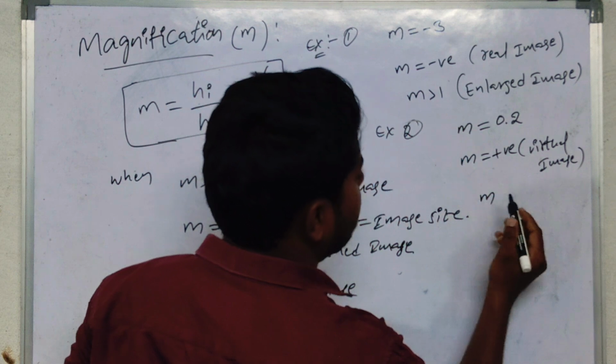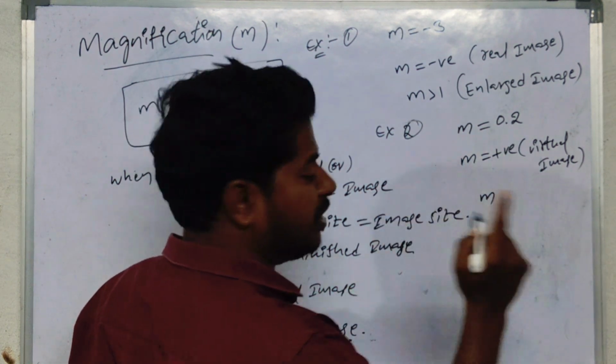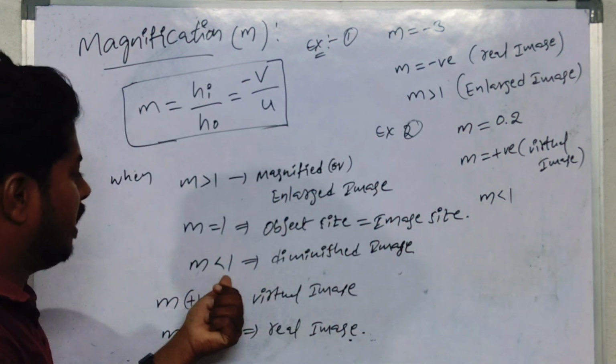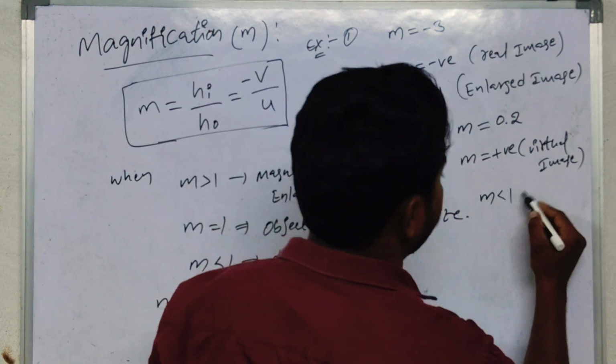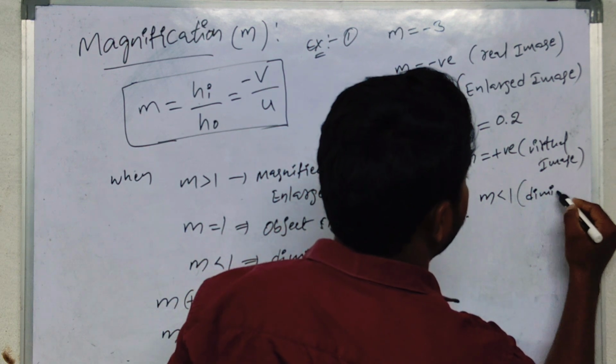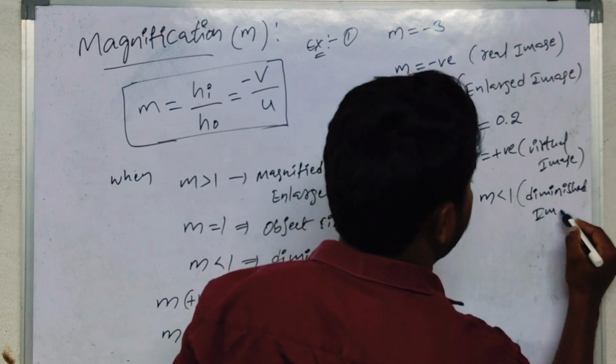And m equals 0.2, definitely m is less than 1. When m is less than 1, that is a diminished image.